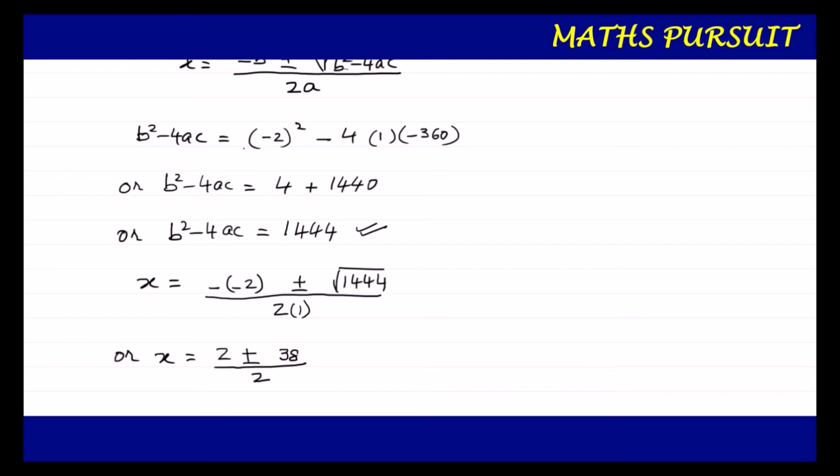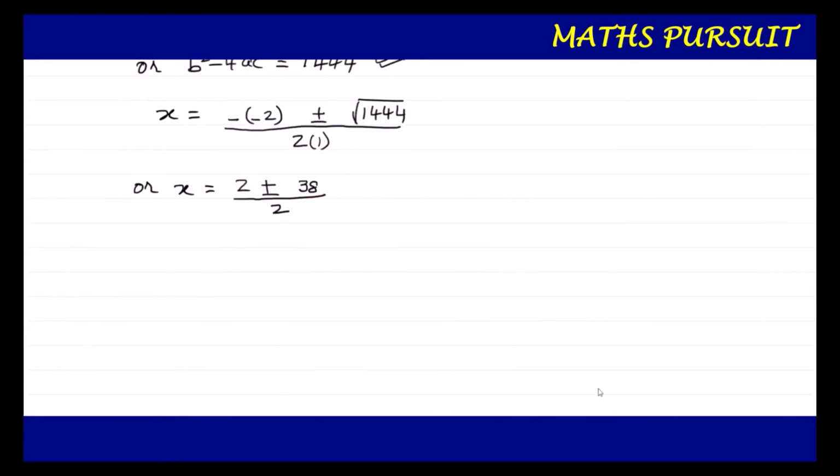Now guys, you could see that we got a quadratic equation, and we can segregate it into two parts. One is x is equal to 2 plus 38 upon 2, and the other one will become x is equal to 2 minus 38 upon 2.